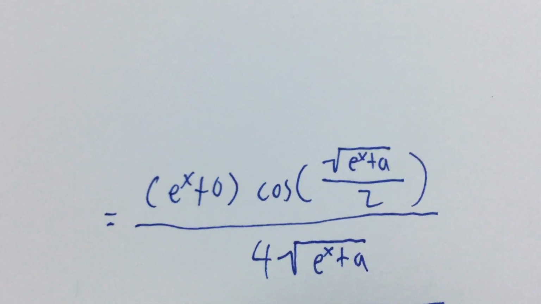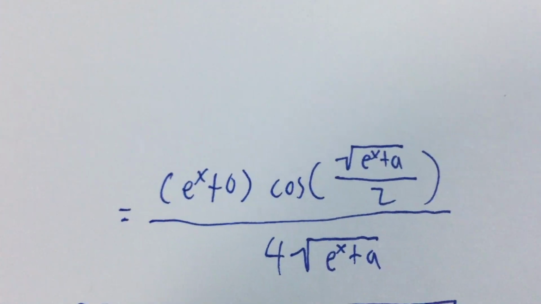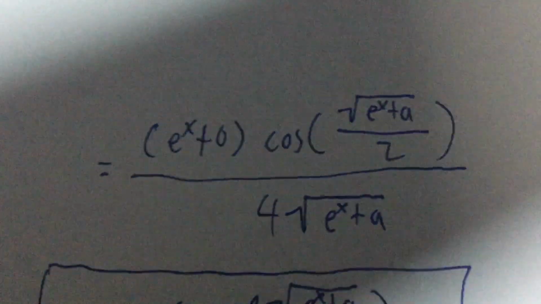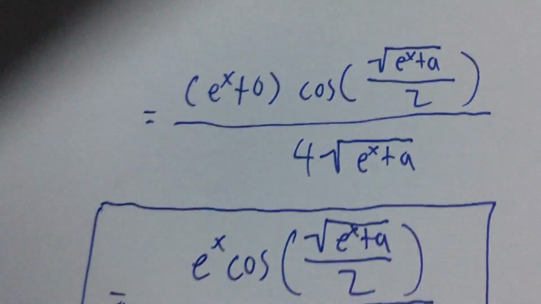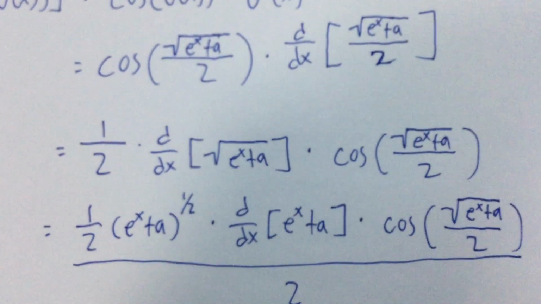Now I know you are wondering where the 4 square root of e^x plus a came from. It came from this equation.